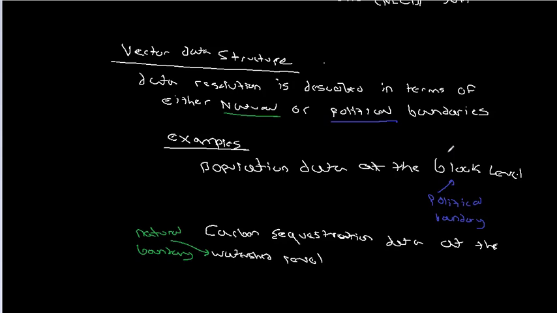If you were to make a map at the country level, a large geographic scale, the entire United States, you could imagine how block level political boundaries might be too fine. You'd have way too many mapping units, and it might make the overall map hard to read. So you might want to rethink your data resolution. Maybe you want to pick a state or a county instead, or maybe you want to aggregate your data to the county level or the state level.